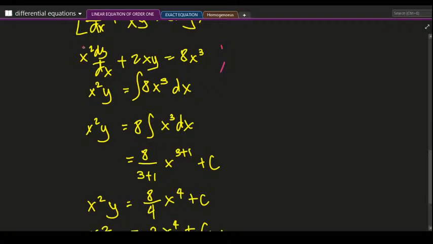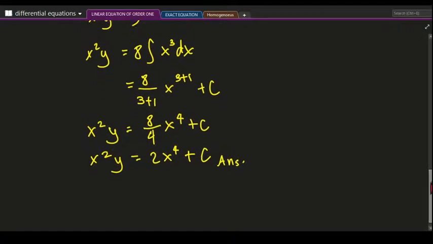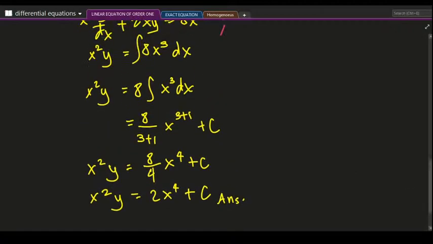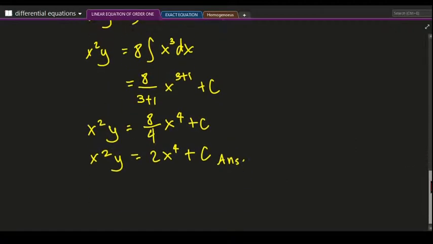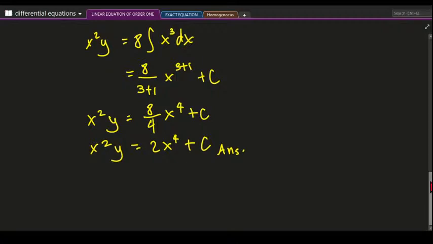Okay, so this will be your N and this will be your M. Then you could do the method of exact differential equation, and you will end up with this one here, the x squared y. Then just do the integration in the integral part of the solution. So that is the answer for our first example.